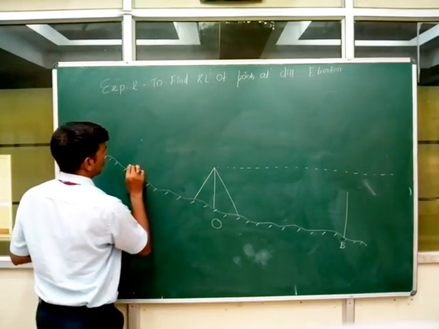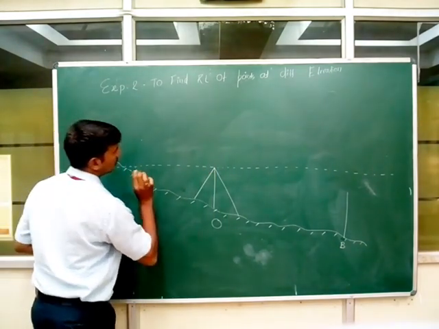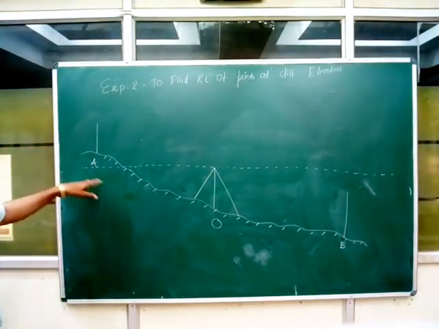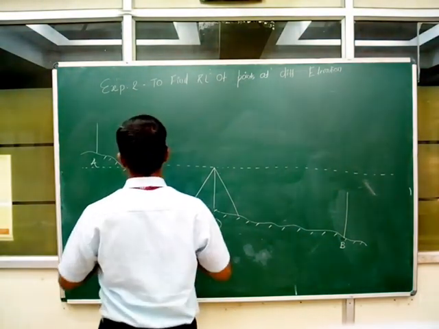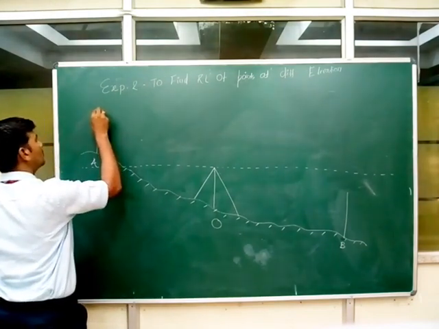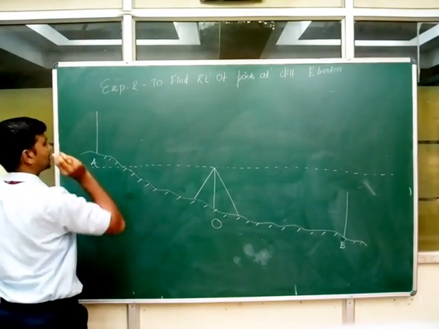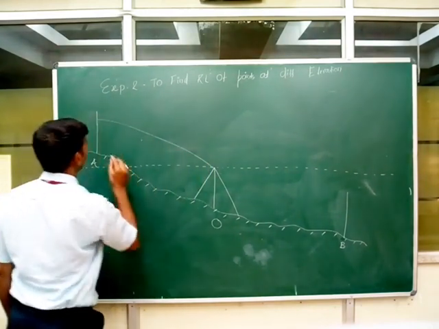Now we have studied in the theory the methods to find out the RLs of point A and point B. So in this case, what we have to do is bisect the staff at point A. Suppose this is the inclined line.